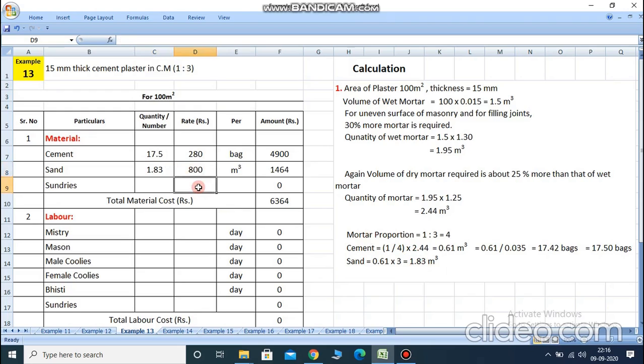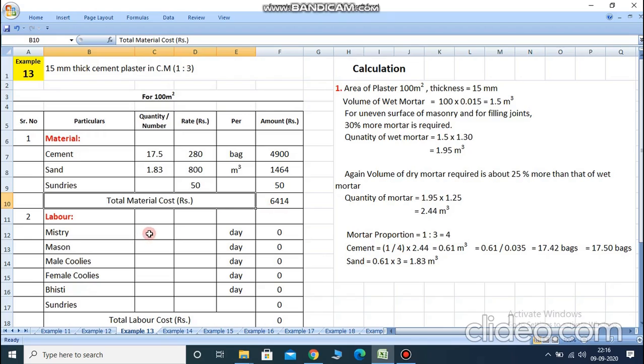And extra 50 rupees we take as extra. So total: 17.5 multiplied by 280 is 4900, 1.83 multiplied by 800 is 1464, and 50 rupees. Summation of 4900, 1464 and 50, all these three values, we got 6414 rupees as the material cost.